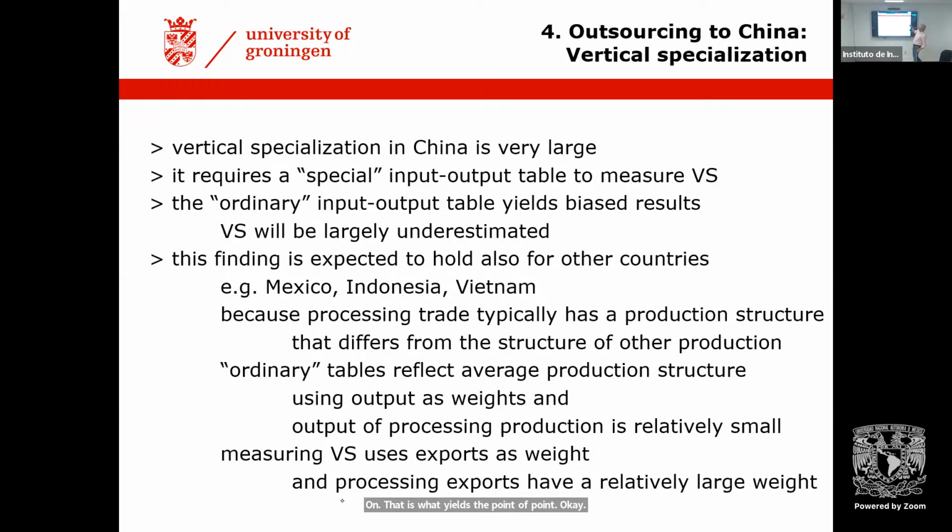So the vertical specialization in China is very large, but it requires a special input-output table to see how large it is. The ordinary input-output table yields biased results because vertical specialization will be largely underestimated. And this finding is expected to hold also for other countries, like Mexico, Indonesia, and Vietnam.